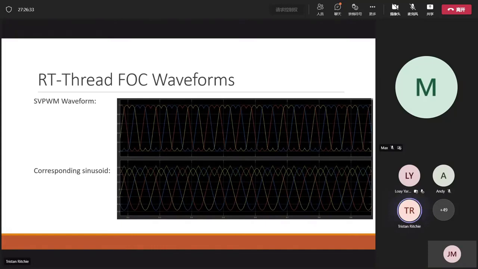And you might think that this doesn't look sinusoidal in shape at all, and you'd be right, because we've actually performed some additional modulation here to achieve greater DC bus voltage utilization. To generate these, we've effectively removed the common mode between the sinusoids. And by adding that common mode back in, which is this green triangular wave, we can see some very beautiful clean sinusoids that will produce nice smooth rotation in the permanent magnet synchronous motor.